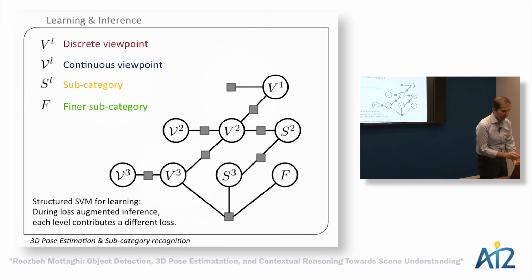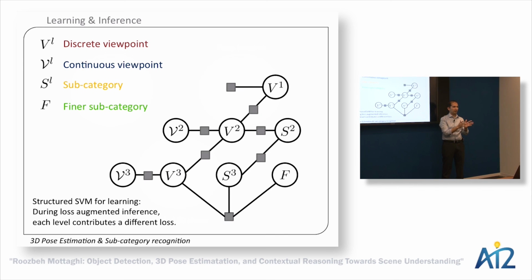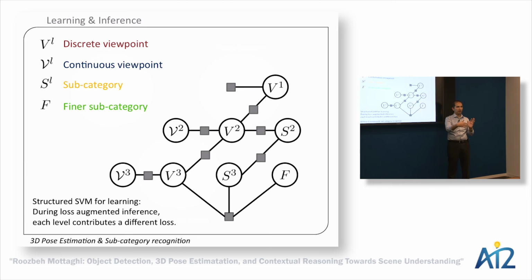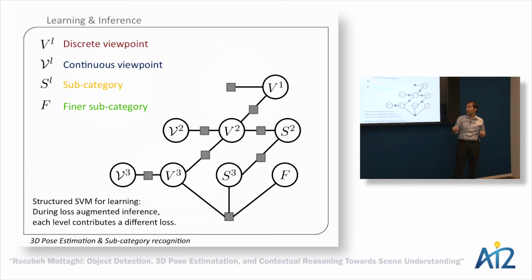So here's the model that we have. The top level of the hierarchy just captures discrete viewpoint, which is very coarse information. By discrete viewpoint, I mean, for example, front view of the car, side view of the car, just a set of discrete viewpoints of the car. The second level of the hierarchy has the discrete viewpoint, but we also have continuous viewpoint.